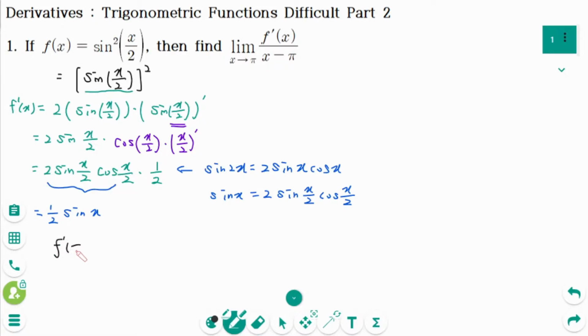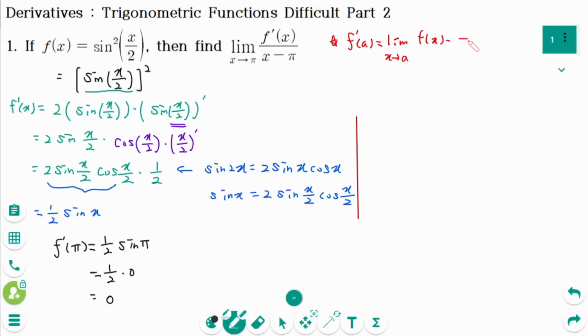Then f prime of pi equals 1 over 2 sine pi, which is 1 over 2 times 0, which is 0. Use the derivative of the function f at the point x equals a. f prime of a equals the limit as x approaches a of f of x minus f of a over x minus a.